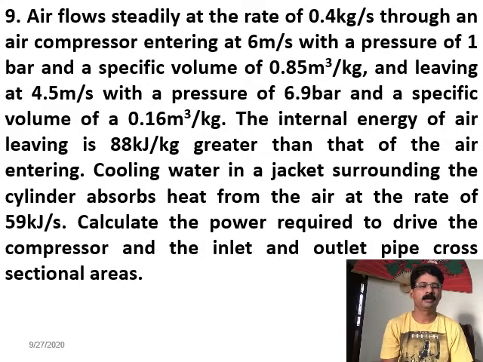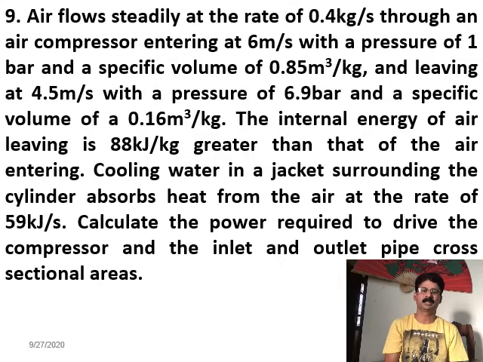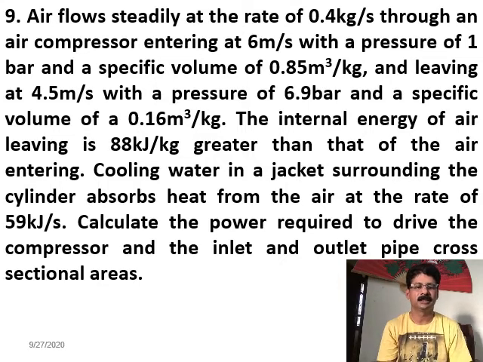So this problem: air flows steadily at the rate of 0.4 kg per second through an air compressor, entering at 6 meter per second with a pressure of 1 bar and a specific volume of 0.85 meter cube per kg, and leaving at 4.5 meter per second with a pressure of 6.9 bar and a specific volume of 0.16 meter cube per kg.